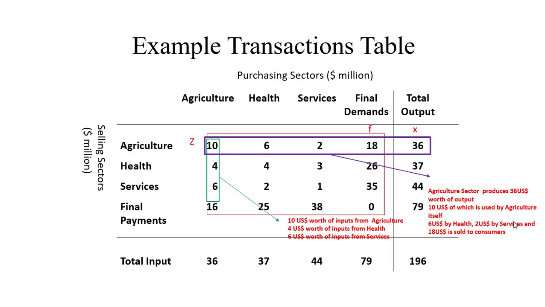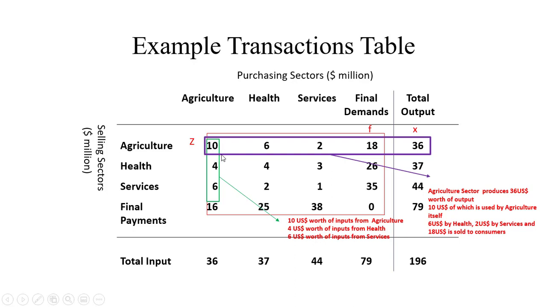You can see from this table, this is just a simple input-output table of three sectors. Let's suppose we have a three-sector economy. This is the transaction table, as I already discussed in my previous lecture. These are the inputs and these are the outputs. The agriculture sector is getting input from agriculture itself: $10 of which is used by agriculture itself.